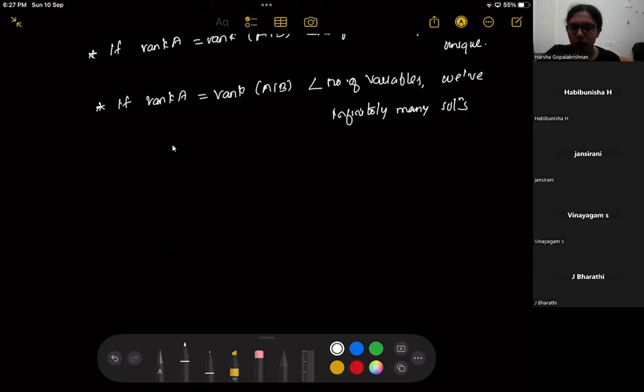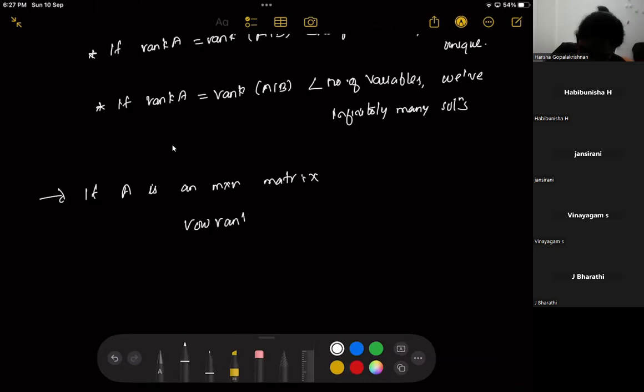Now after that, we have gone through row rank and column rank. So given A is an M by N matrix, what is the row rank of A and what is the column rank of A?